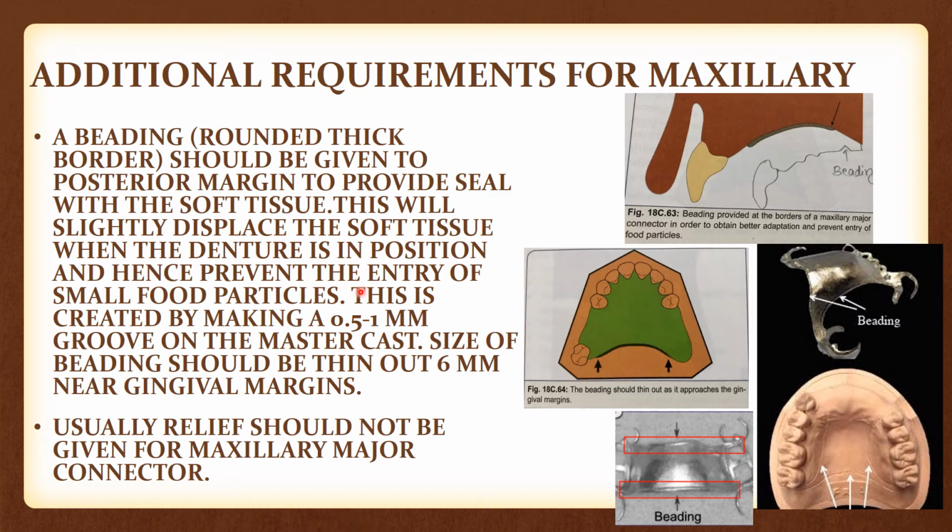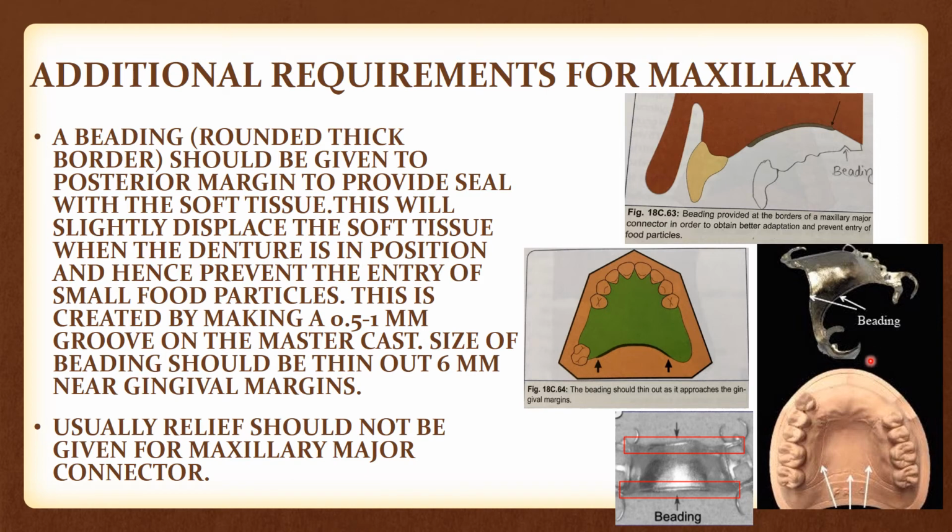When the denture is in position, it prevents the entry of small food particles, and this is created by making a 0.5 to 1 mm groove on the master cast with the help of a spoon excavator. So this is your master cast, and with the help of the spoon excavator, you're making this 0.5 to 1 mm groove on the posterior border of your major connector.